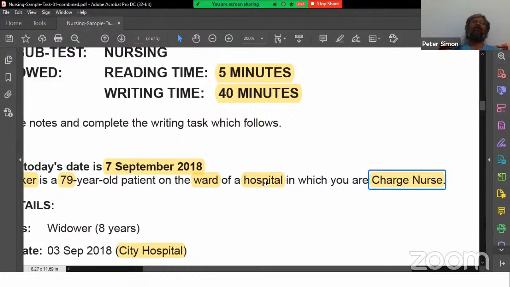Or if outpatient is there, outpatient ward. Ward for the outpatients becomes outpatient ward. Ward for the inpatient, inpatient ward. Address is given. You are the charge nurse of what? Hospital ward.